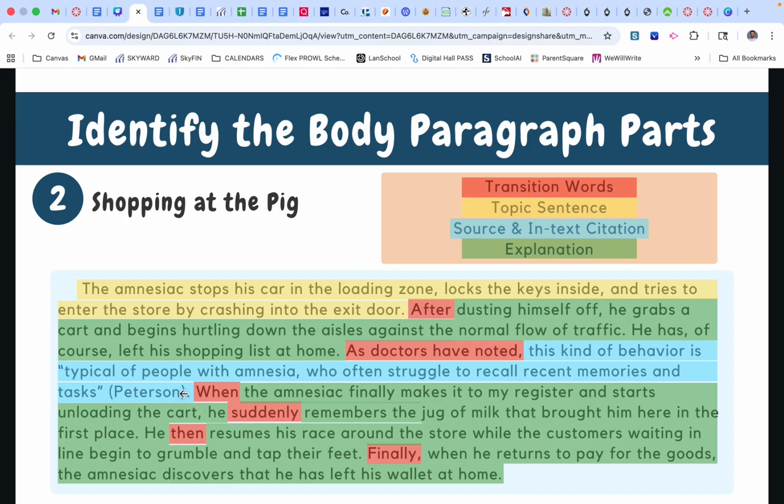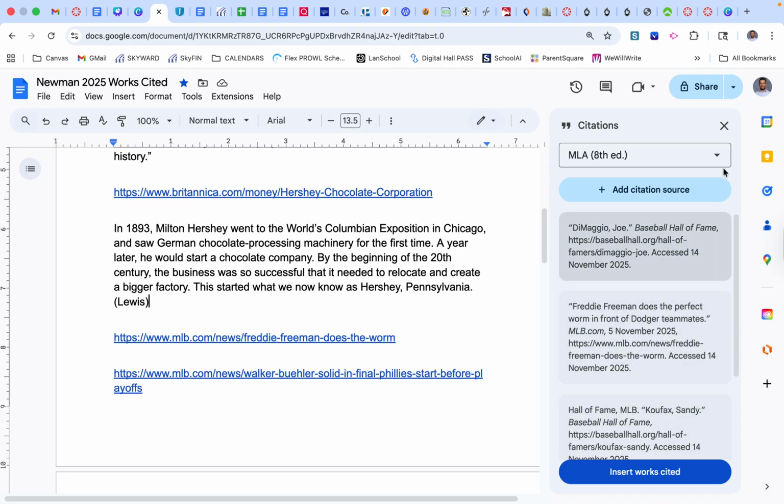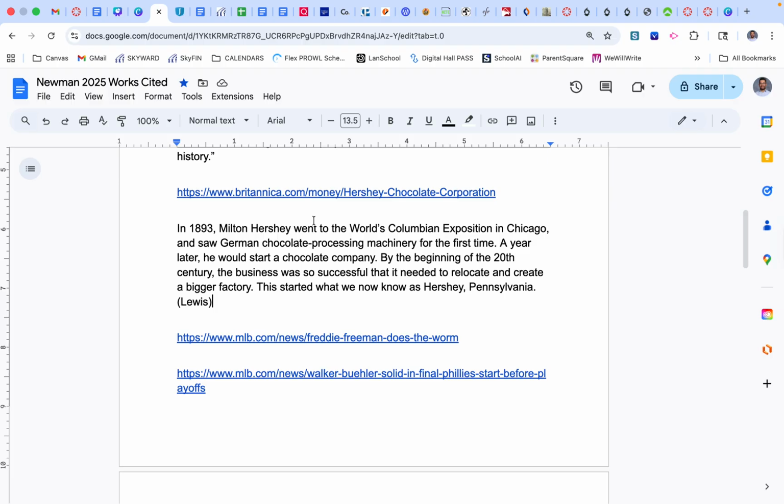Now what I'm going to do real quick, we're going to have a timeout, and I'm going to show you how to do this in Google Docs. Okay? So I did this on my Works Cited page from the ABC book just because I have all my citations. Okay?